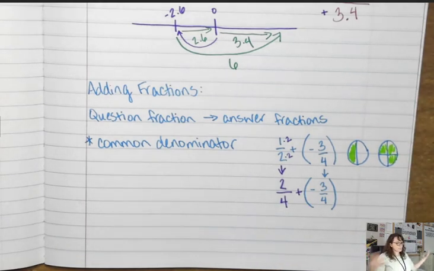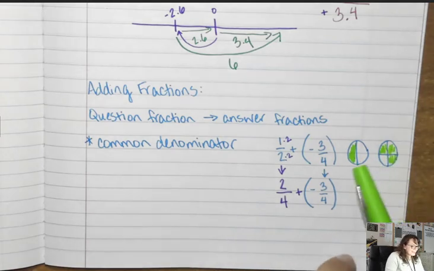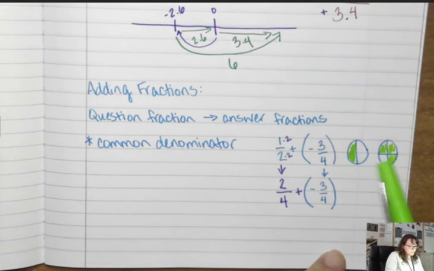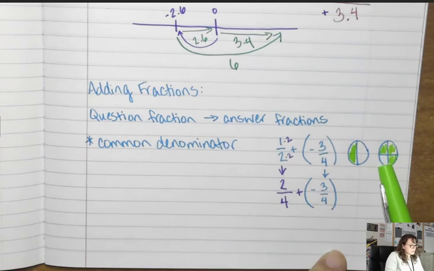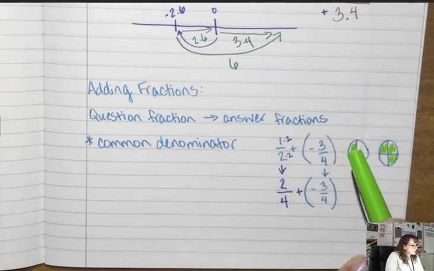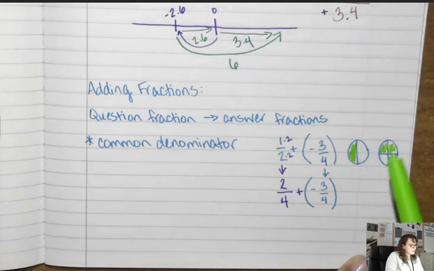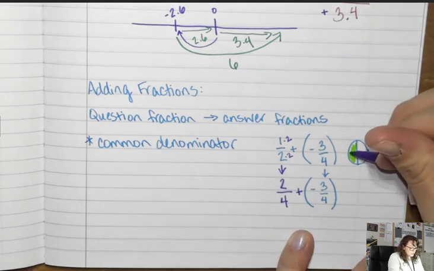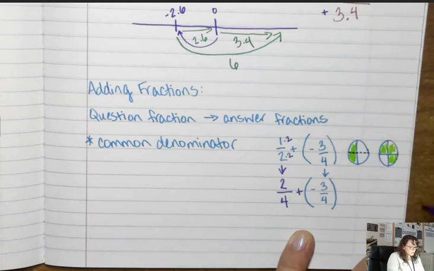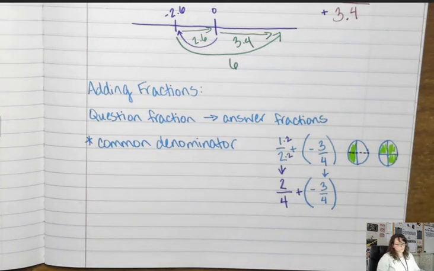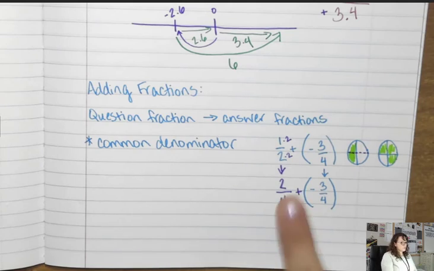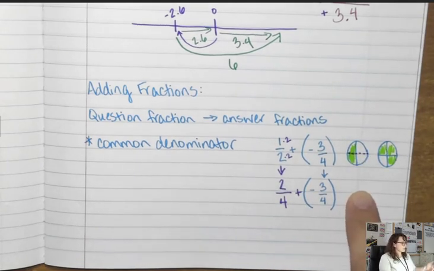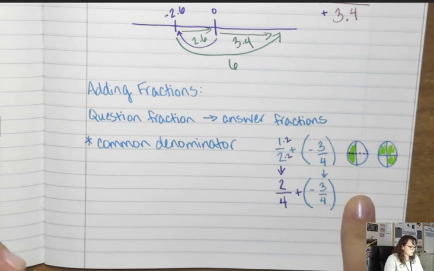I need to put them together. I can't take this big piece and fit it with this little piece. So I have to cut this piece into fourths to match these pieces. Then I can work together. So here's where I double it. So 2/4 is the same as 1/2. It's just, you're just saying it differently.